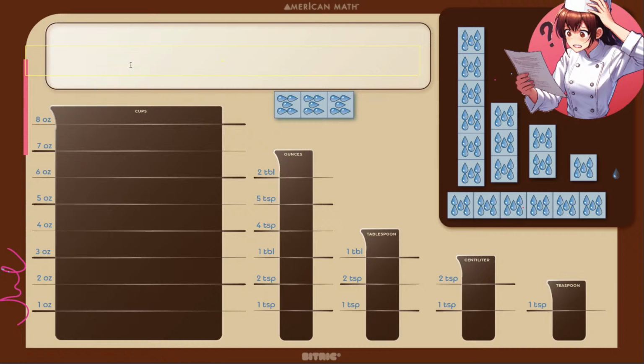Okay, perfect. So what we'll do is we'll start out with something easy. Let's say 2 centiliters, actually, let me do this. I'll make this a little bit easier on myself. Hmm.